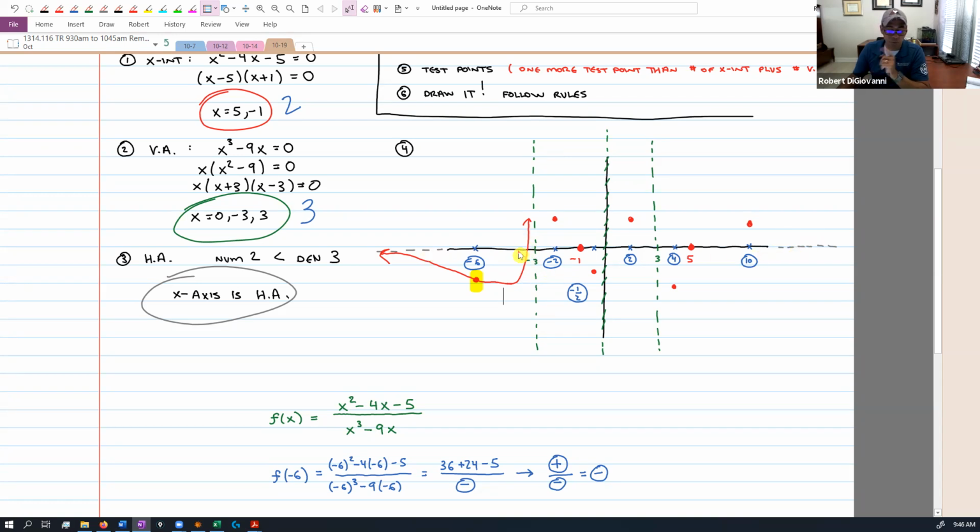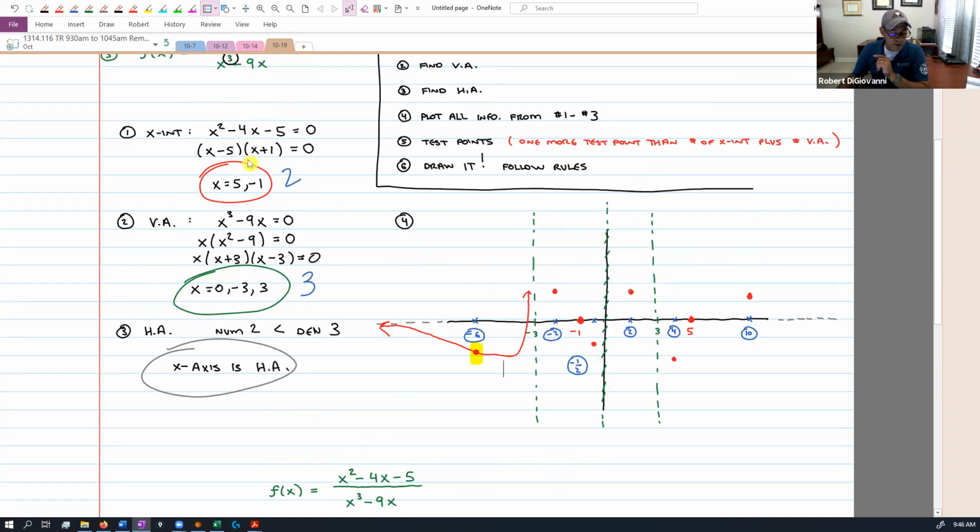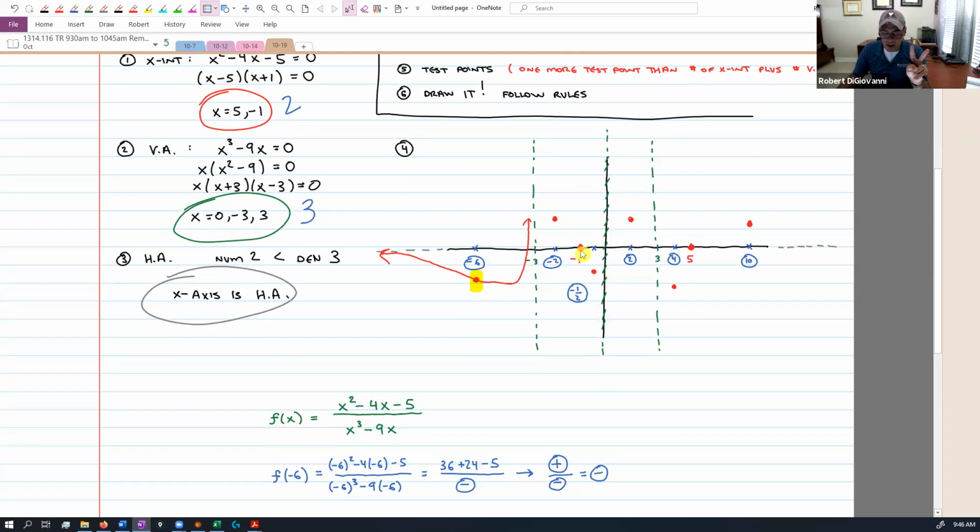It's because when we were solving for the x-intercepts, we're only supposed to have one at -1 and at 5. If you draw your graph like this, you've created another x-intercept that doesn't belong there. So that's why you cannot turn up. You have to instead turn down like this.